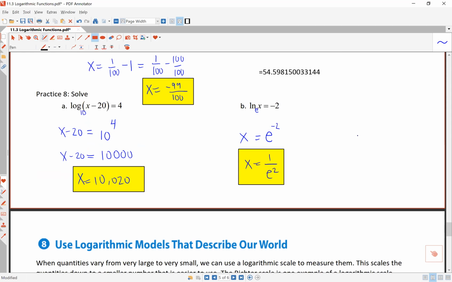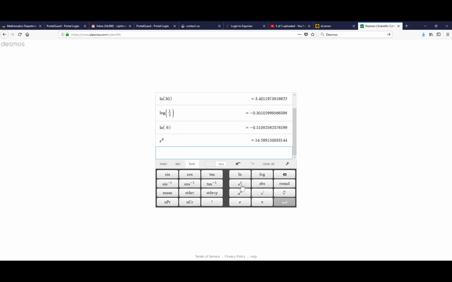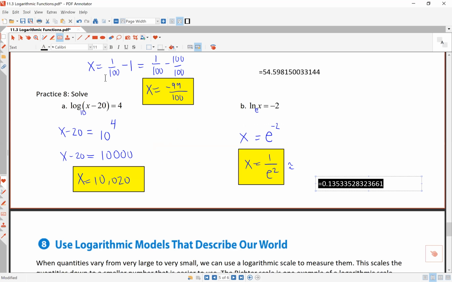If I wanted to estimate this, I would have to use e to the negative 2, and rounding that to 3 decimal places, 0.135.